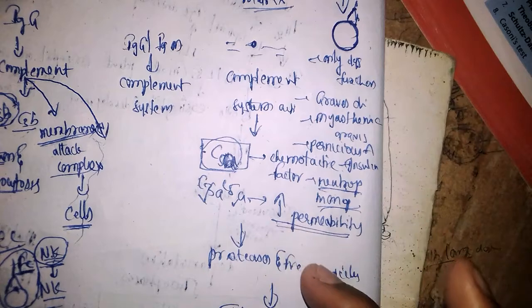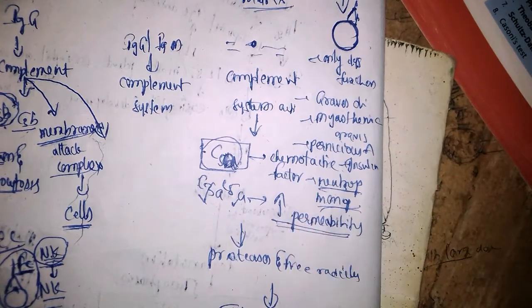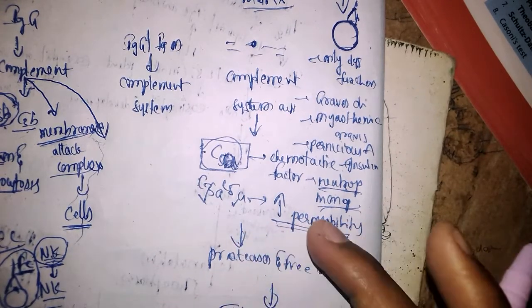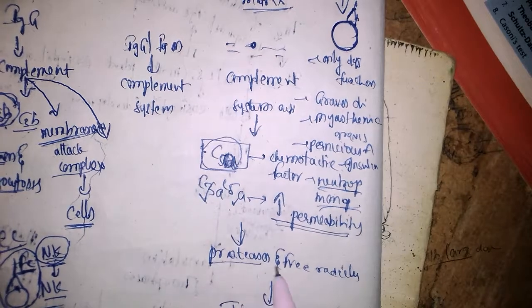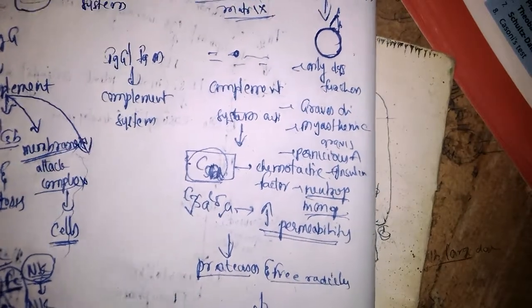These mediators will cause chemotactic function and result in recruitment of neutrophils and monocytes, which results in release of proteases and free radicals, which then results in tissue damage.